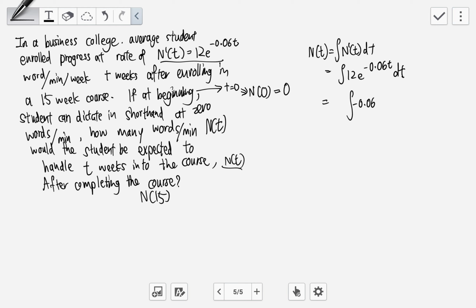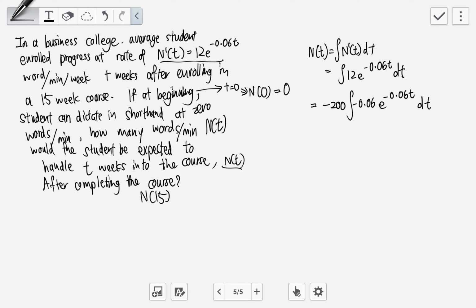Okay, so I take a calculator. It's 12 divided by 0.06. I'll see what that is. It's 200. 12 divided by 0.06 is 200. And because there's no negative sign, I need to give it a negative sign as well. That e^(-0.06t) dt.